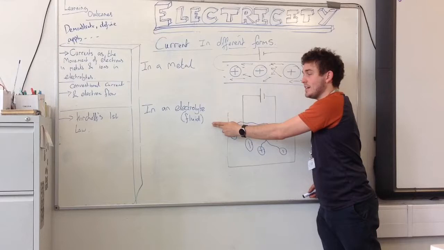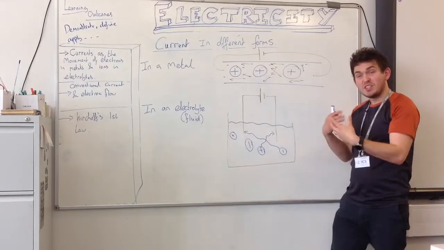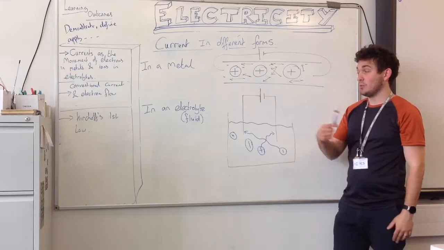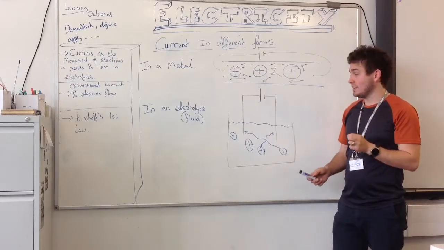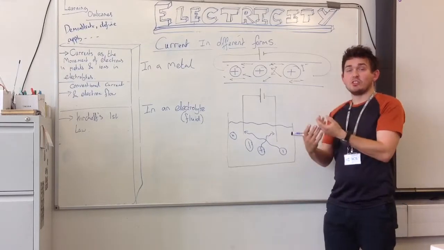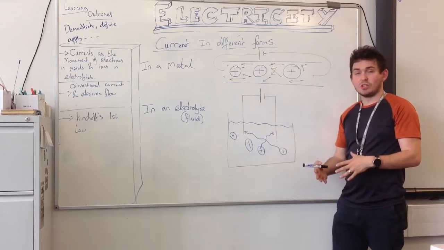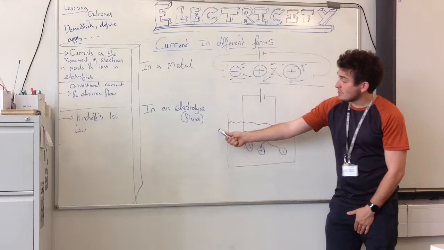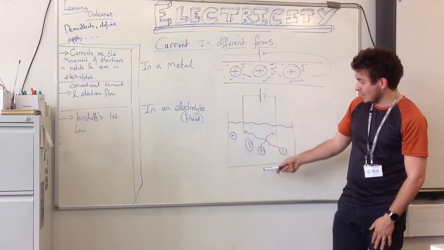In an electrolyte, or a fluid with something dissolved in it that allows us to pass a current through it, such as salt or sodium chloride dissolved in water, we can pass current in a different way, and that is through the movement of ions.